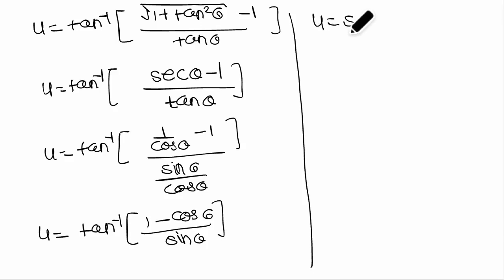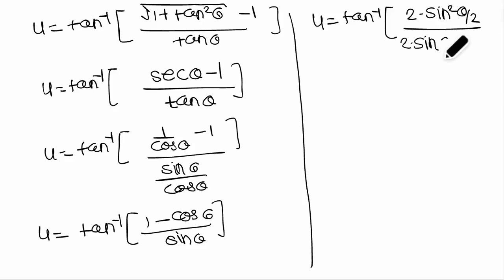So now how do we solve this? u equals tan inverse of 1 minus cos theta upon sin theta. 1 minus cos theta will be 2 sin square theta by 2, upon sin theta, which can be written as 2 sin theta by 2 into cos theta by 2. Here 2 will get cancelled, and sin theta by 2 will get cancelled.